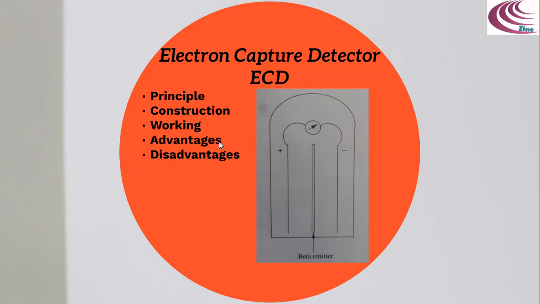It is insensitive to compounds such as amides, alcohols, and hydrocarbons. In contrast to flame ionization detector, it doesn't change the sample significantly. In disadvantages, the response from electron capture detector is non-linear unless the potential across the detector is pulsed.